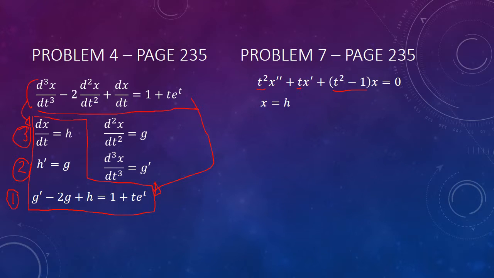So I'm going to say for the first one, x is now equal to h, some function h. And now if I take my derivative of x, I'm going to claim it's equal to g. And if I do that, then h prime is equal to g. And then I'm going to say my second derivative of x is equal to g prime.